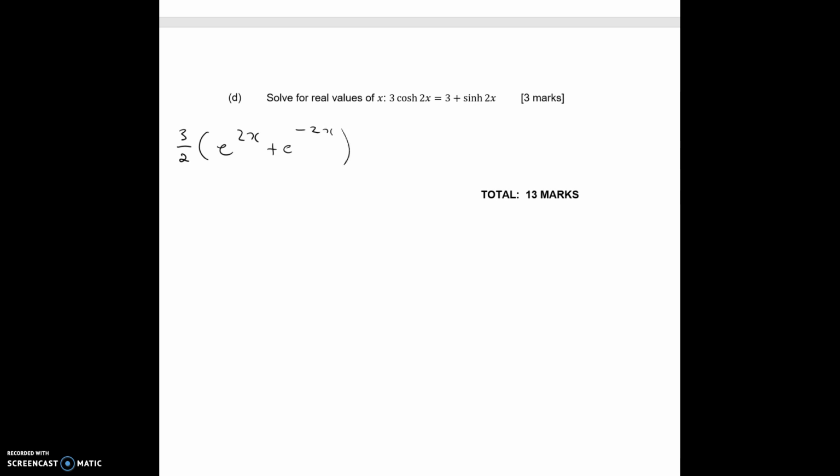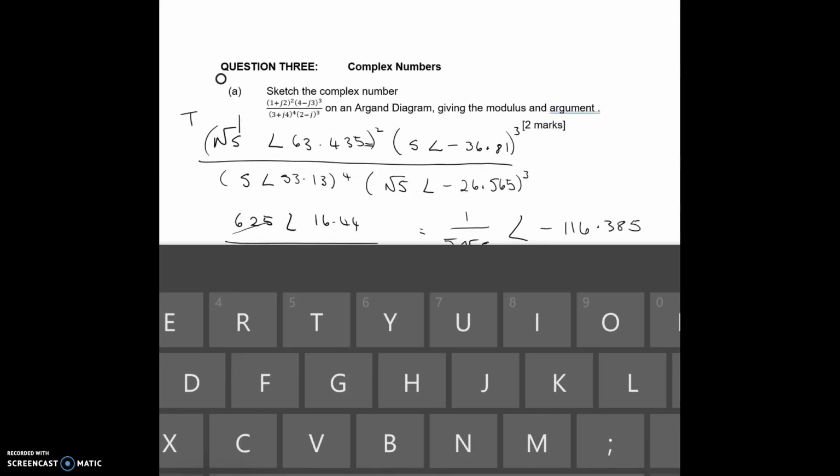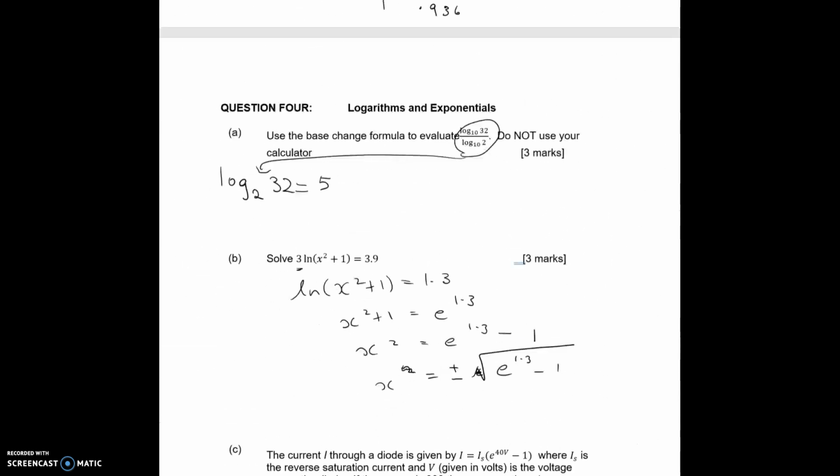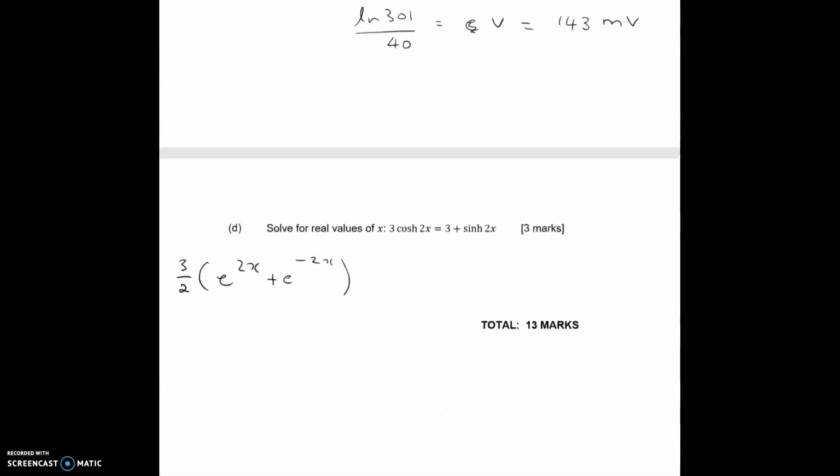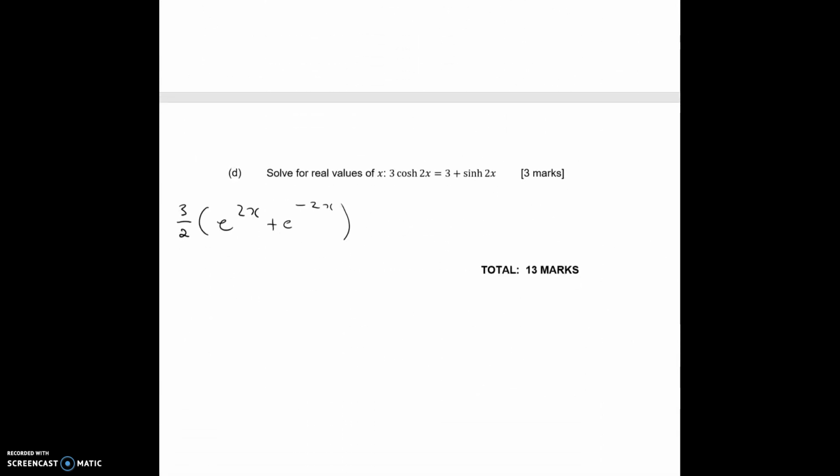And the right hand side, we've got 3 and then we've got sinh, which is going to be a half times the difference of these.